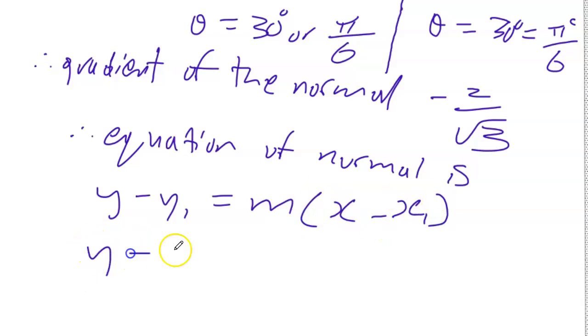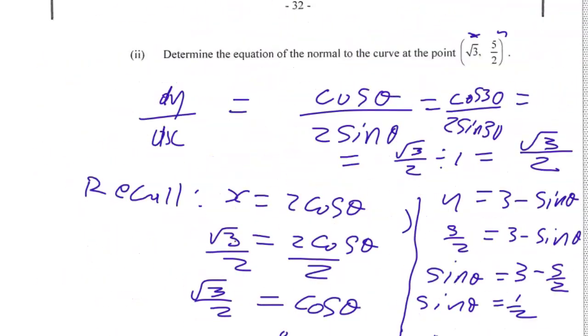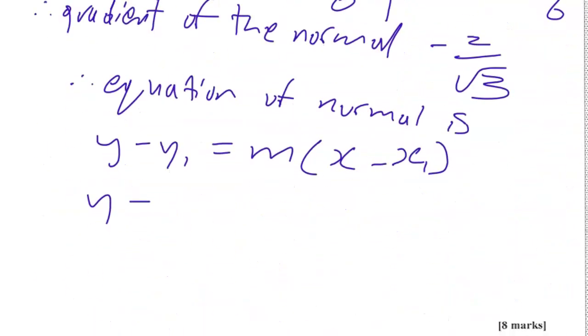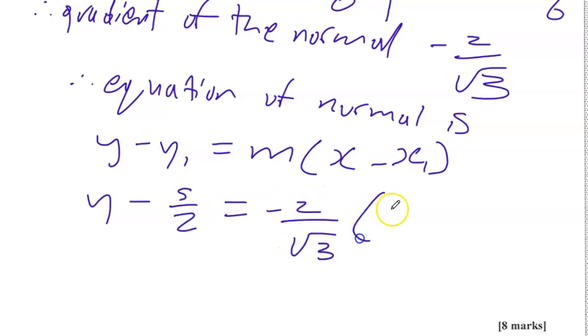Remember what the x and y values were? Root 3 and 5 over 2. So y minus 5 over 2 times m, and the x value was root 3.